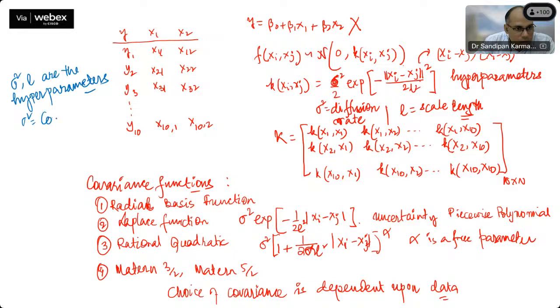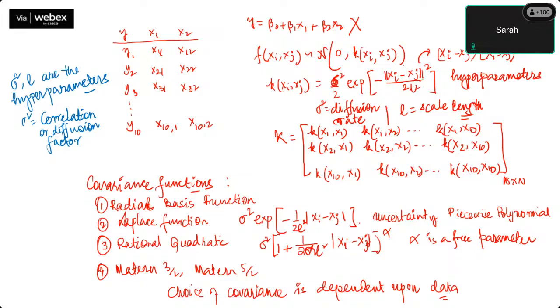It is the correlation factor, basically looking at until what distance the correlation works, how fast the correlation of the data points vanishes.